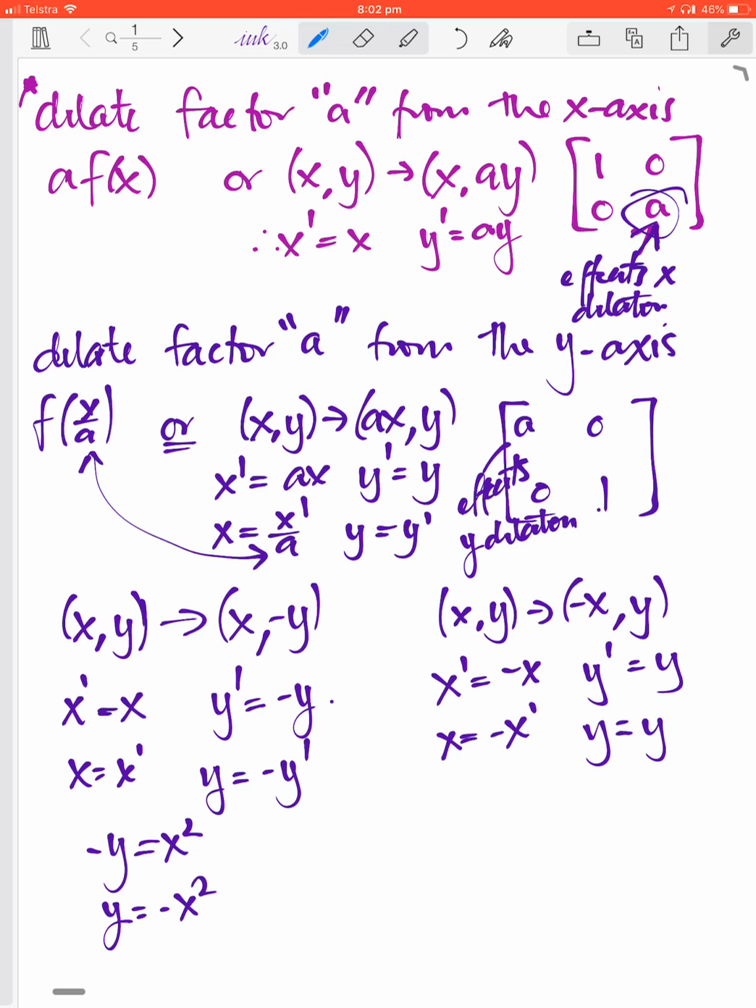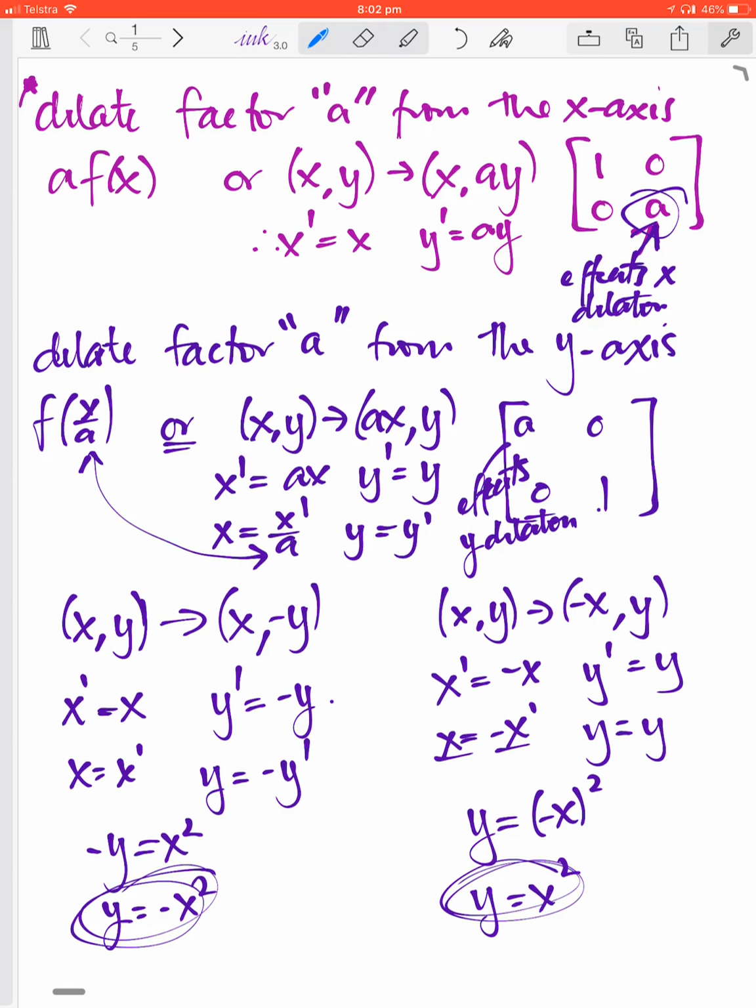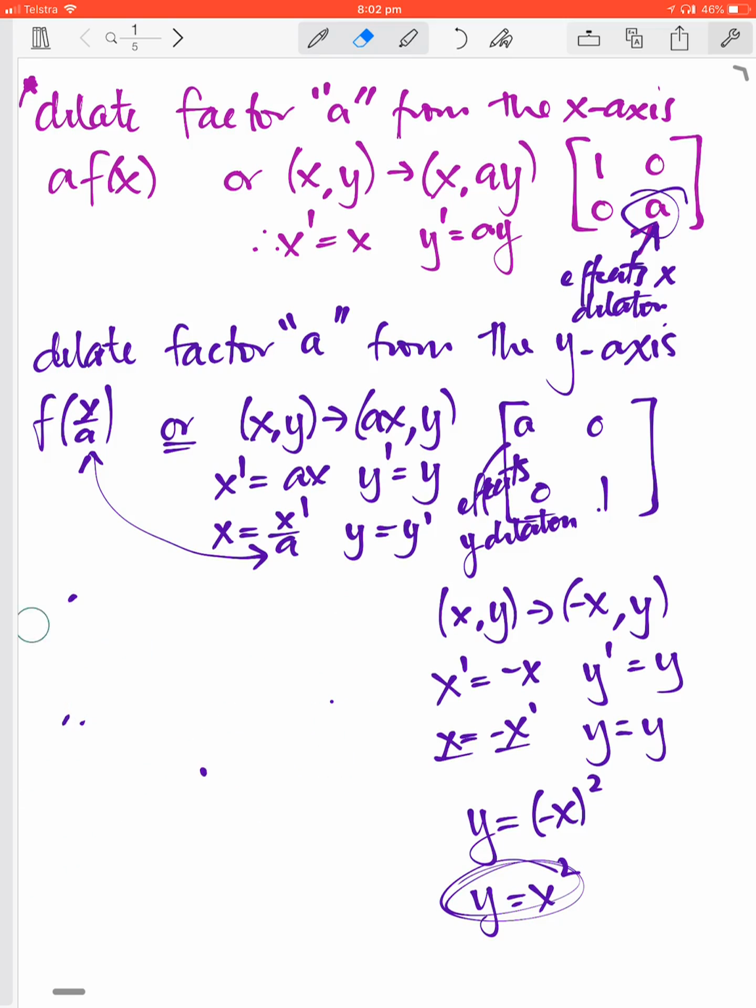And if we put that into our equation y equals x squared, we get y equals negative x squared, because I'm replacing x's with negative x. So y equals x squared. So that's a reflection in the x-axis. That's a reflection in the y-axis. With the graph of x squared, it's exactly the same. And we know that, because when you reflect in the y-axis, it becomes exactly the same graph.